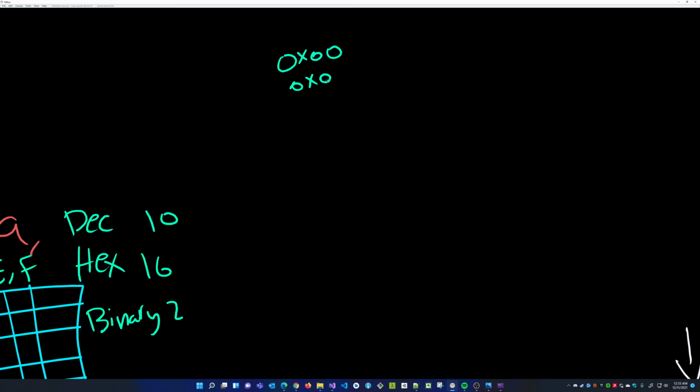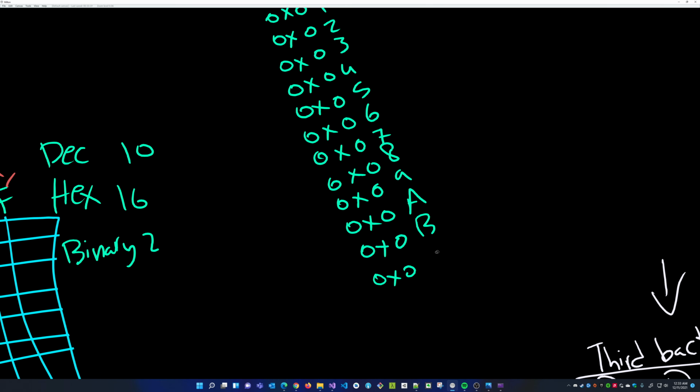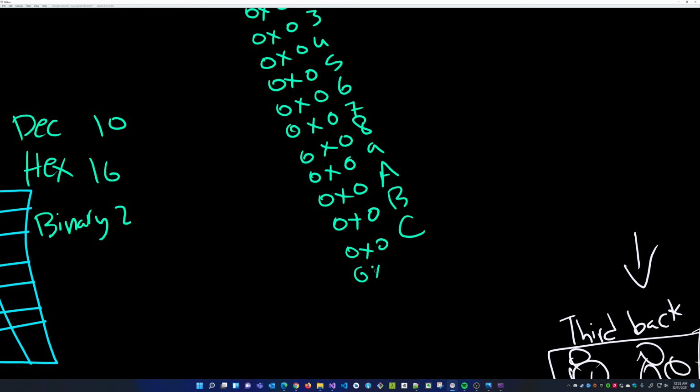1, 2, 3, 4, 5, 6, 7, 8, 9, 10, 11, 12. What comes after 12? 13, 14, 15, 16, right?